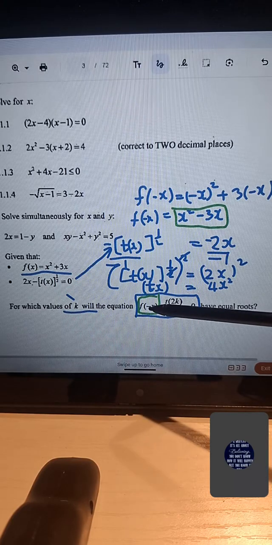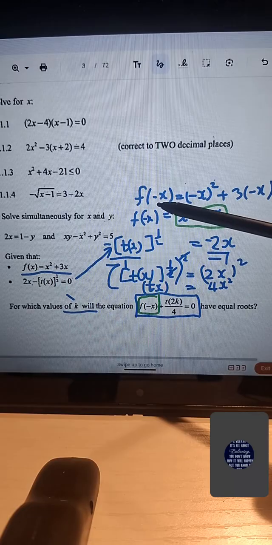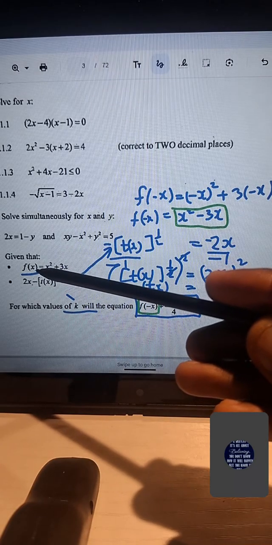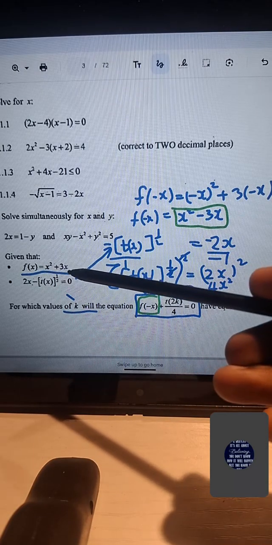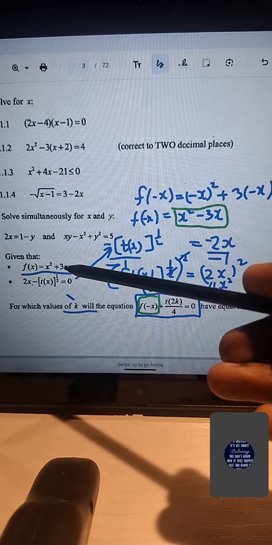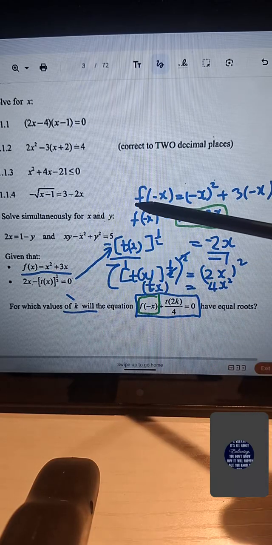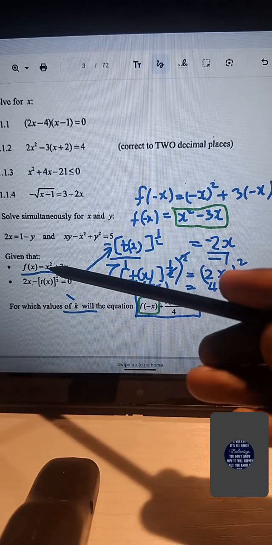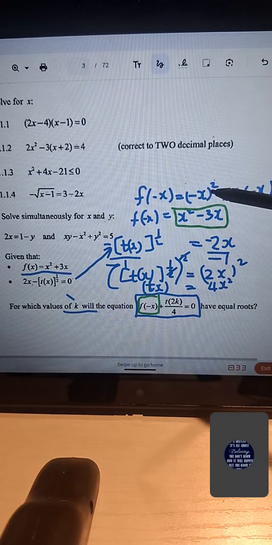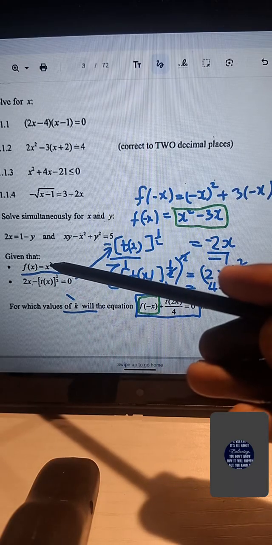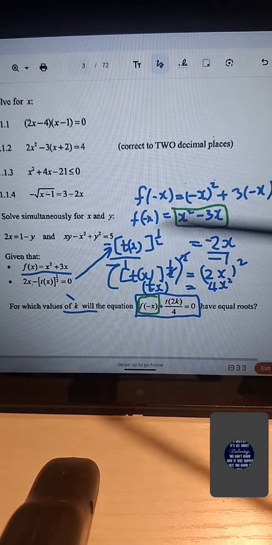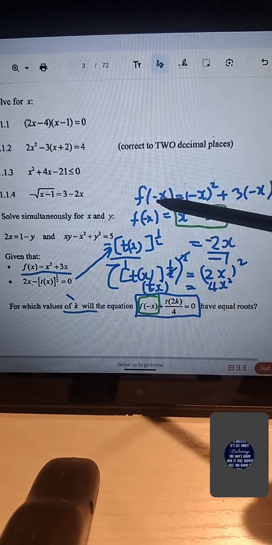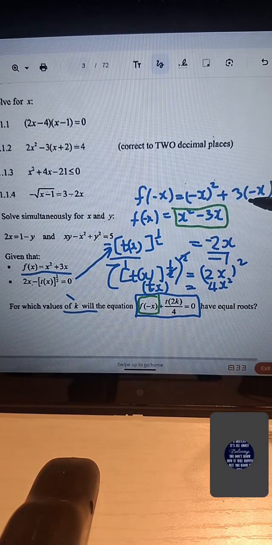So for f of negative x, I take negative x and substitute it in the place of x. That gives f of negative x equals negative x in brackets, squared, plus 3 times negative x.